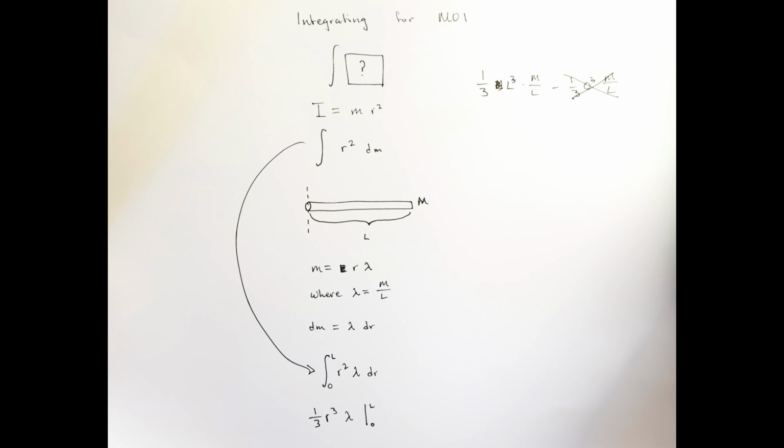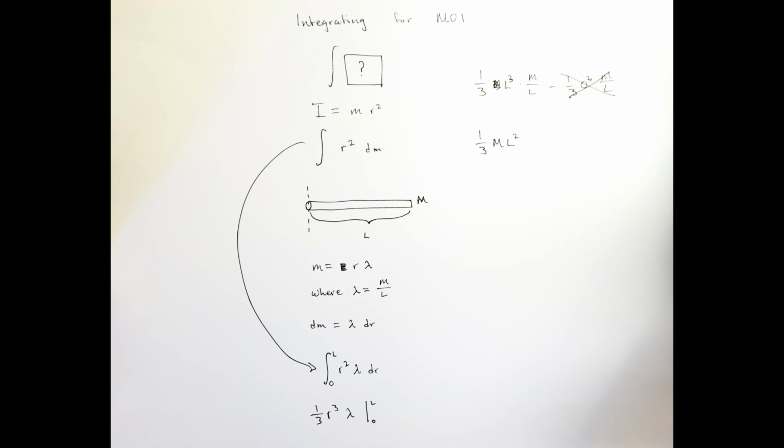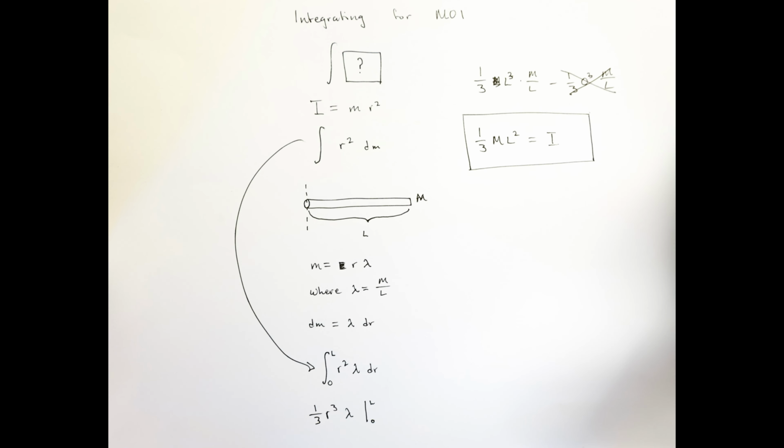So we can cancel out the last term entirely because of that 0 cubed. And we can reduce these two L components in the first term and rewrite it so we have 1/3 m L squared. And that is our total inertia.